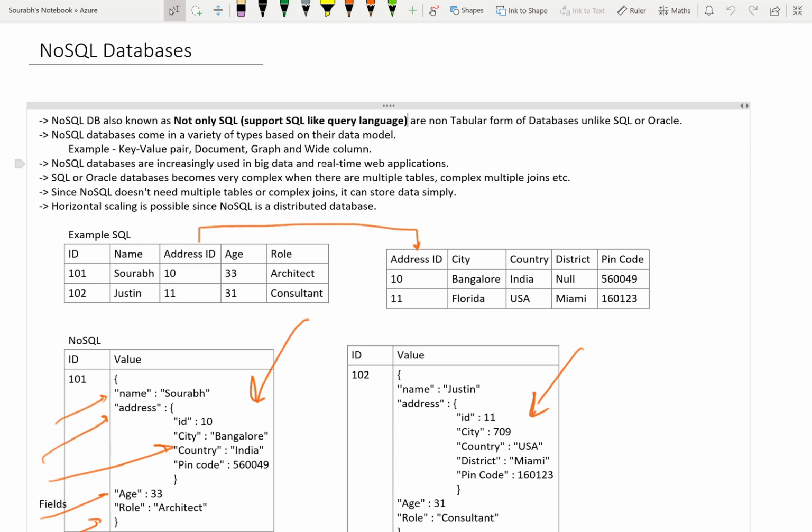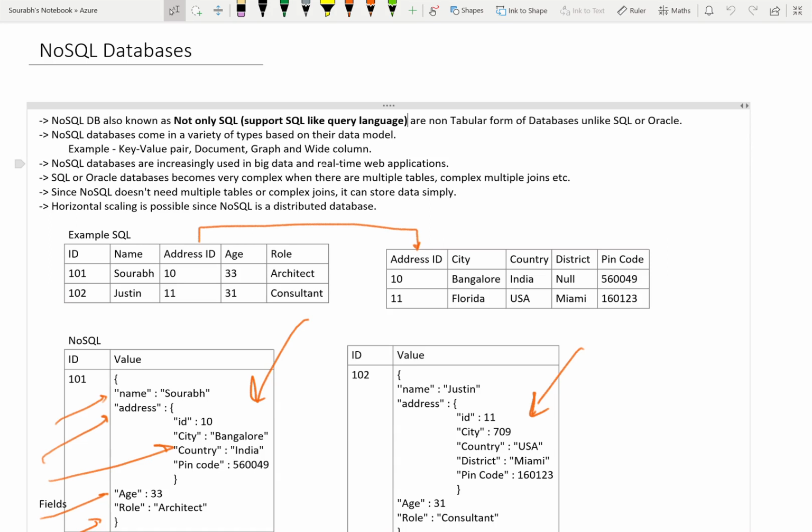Why? Because NoSQL, compared to SQL or Oracle, is a distributed database. If you remember SQL or Oracle, there is always a primary, and then secondary and tertiary instances, where all the reads and writes happen on the primary, and whatever is written on the primary is of course synced to the secondary.